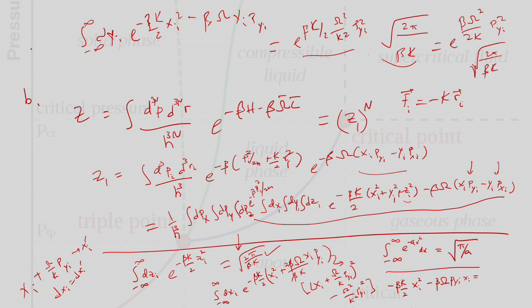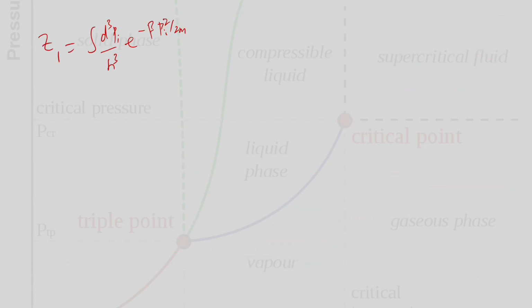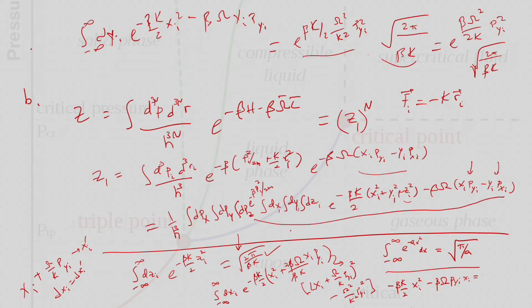Okay. So, I am going to collect that here. So, it is beta omega squared over 2 kappa times pxi squared plus pyi squared. Okay. So, that is going to be that result.